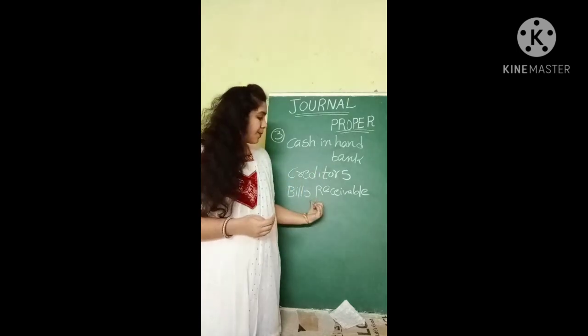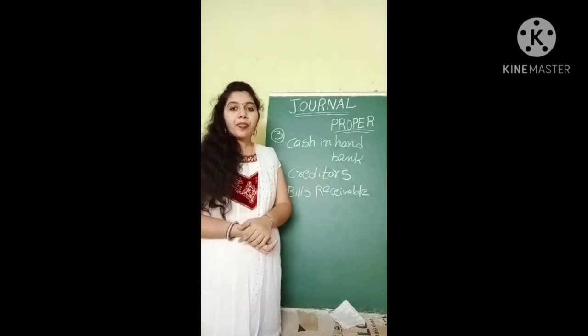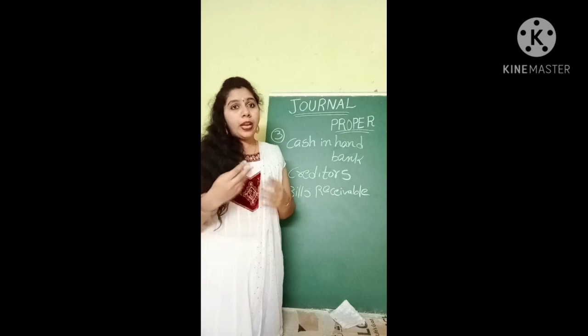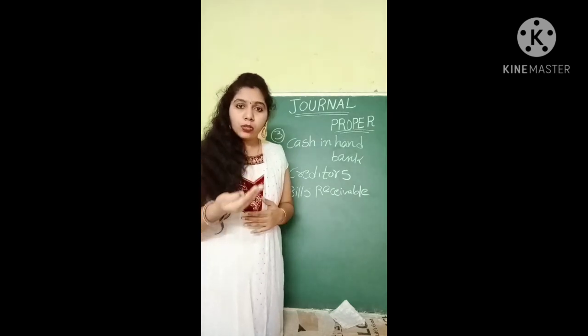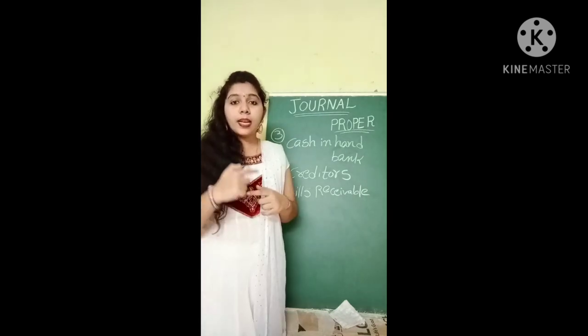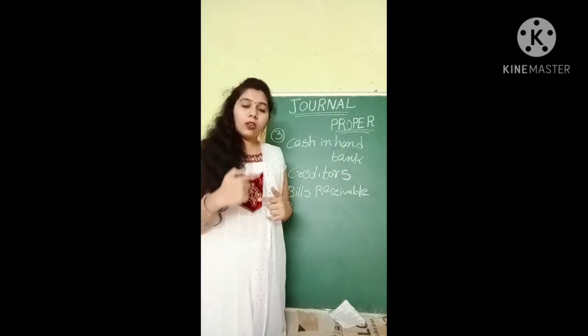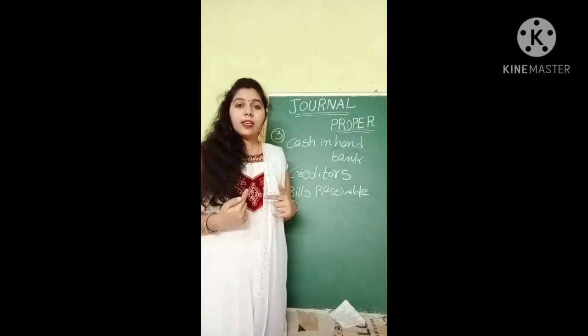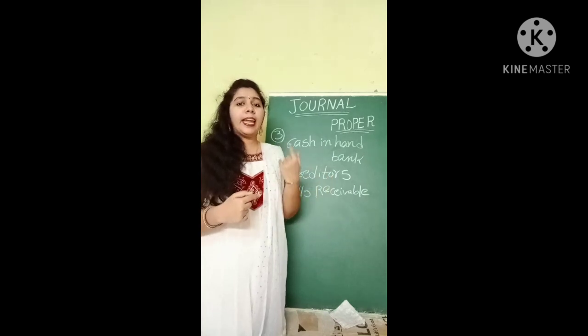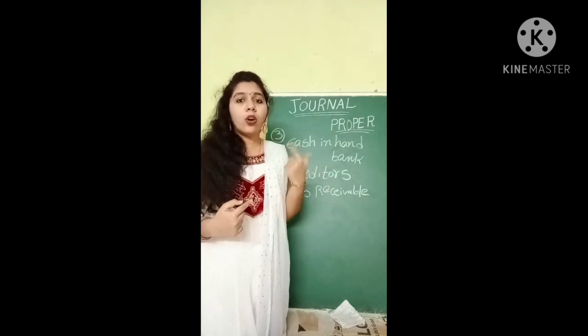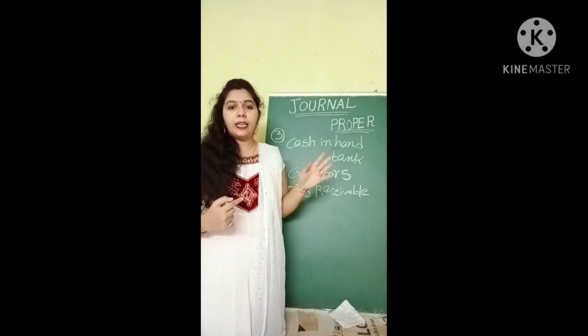And the next one is bills receivable. I sold goods to X and Y. From X, I didn't take any type of surety or security or any bill, nothing.